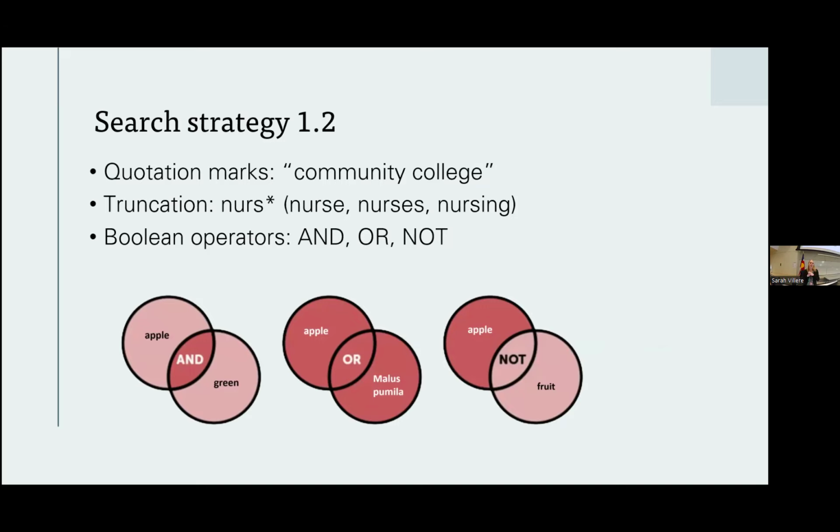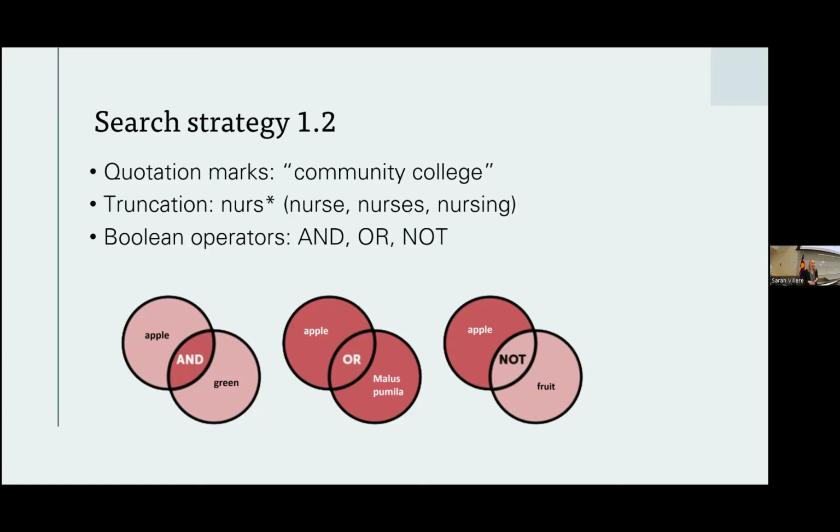If I didn't have those quotations, then community and college would just have to be listed anywhere in the article, but not necessarily together. You would get a lot more articles retrieved, but they wouldn't be as relevant. You would probably get a lot of things that were not what you were looking for, right? So that's one way to really narrow your search to more relevant articles.